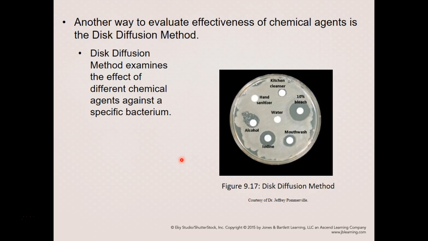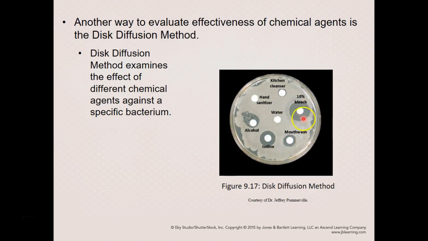So here there's some bacteria growing all over this plate. It's been spread completely to cover the entire plate. And then we put discs. These were sterile discs that we put different chemicals on. So mouthwash, iodine, alcohol, hand sanitizers. And what we do is we then allow these to sit in the incubator and then check that out later.